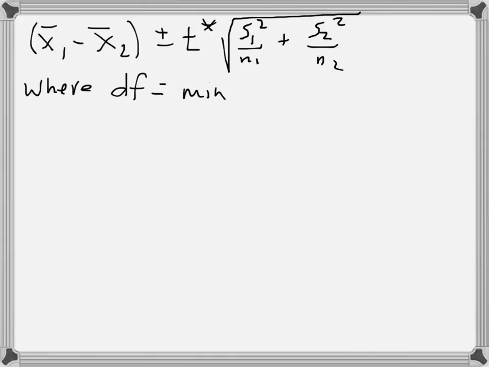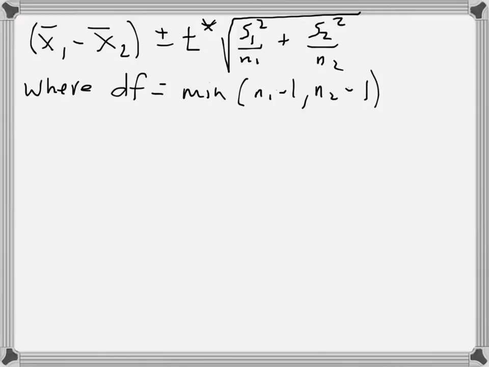You could do pretty much the smallest degrees of freedom from the sample sizes, so the minimum of n1 minus 1 or n2 minus 1. And typically we call this the conservative method. This is what you would do if you don't have a calculator nearby, if you're just doing this by hand. Don't be mad about it. It's not a big deal.